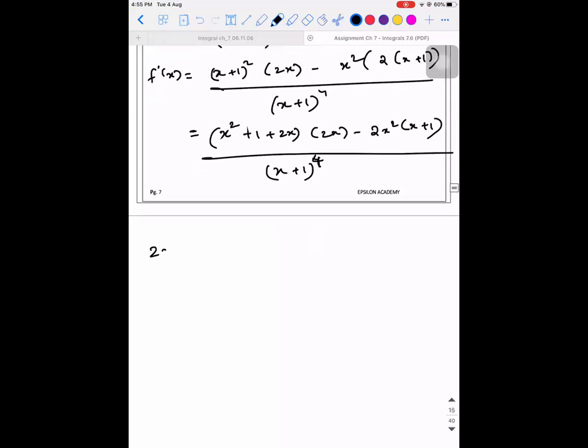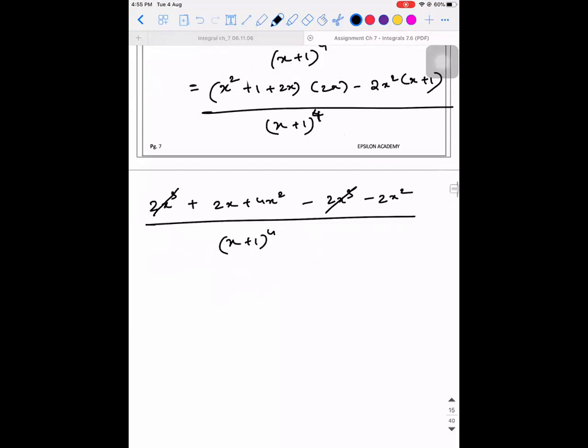So this will be 2x cube plus 2x plus 4x square minus 2x cube minus 2x square the whole divided by x plus 1 the whole power 4. 2x cube and 2x cube are gone.